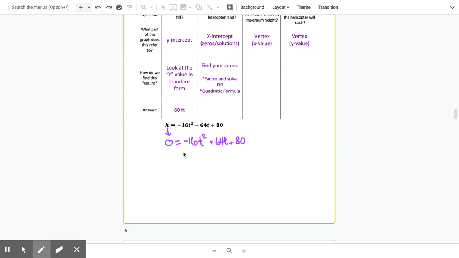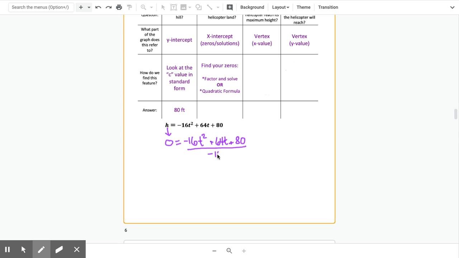Now we're going to try to factor. If I try to multiply a times c to find my magic pair, these numbers are just a little too big. So I'm going to try to find my greatest common factor. What's the biggest number I can divide all 3 of these values by? It's 16. But I want to divide by a negative 16 so that this can cancel and become a positive 1 as my a value.